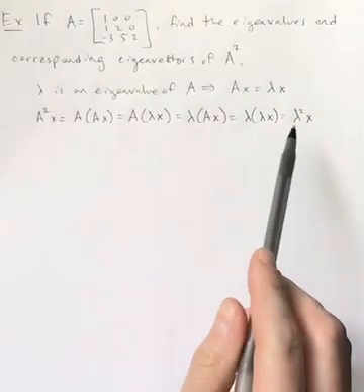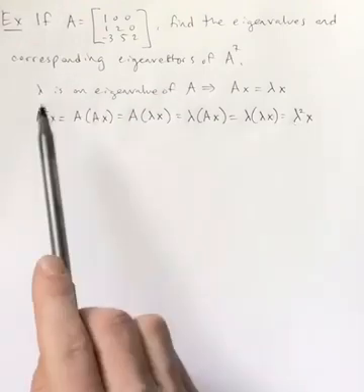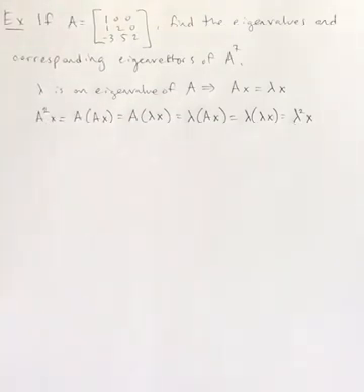So notice that lambda squared is an eigenvalue of A squared.